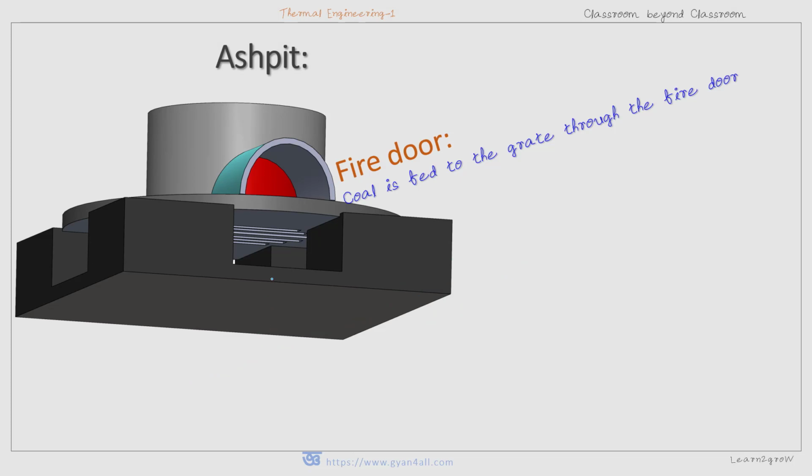This area is ash pit. Due to this opening, the ash will come down and it will be collected in another platform, which is called the ash pit. And from this ash pit, the ash can be removed from time to time. And air will also go up through these openings to the combustion chamber or firebox or to the furnace.